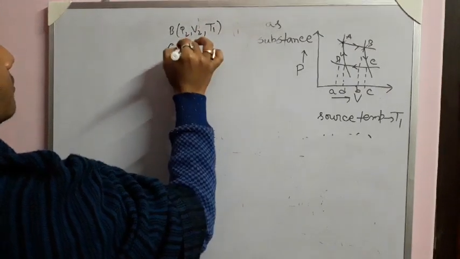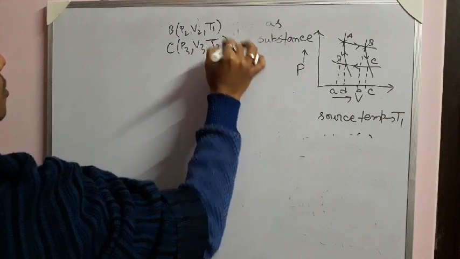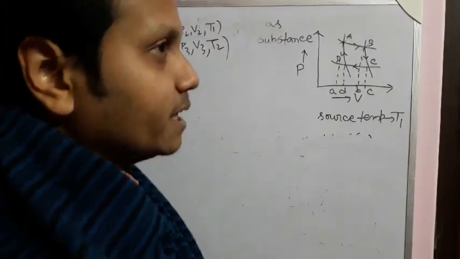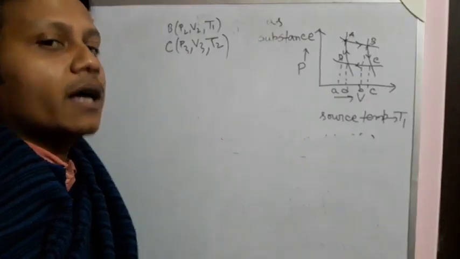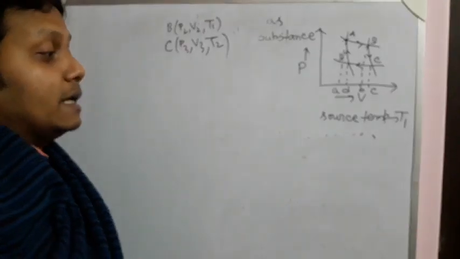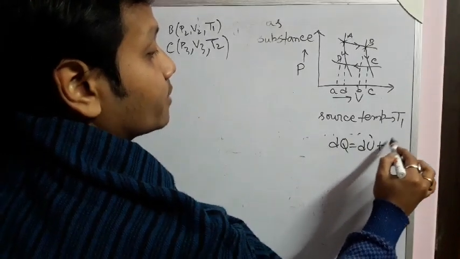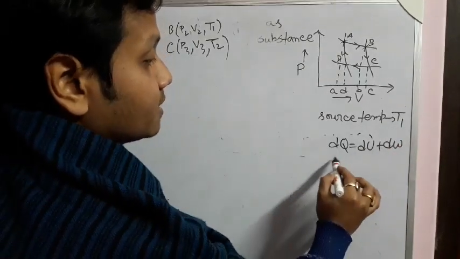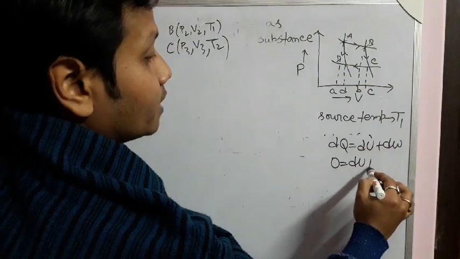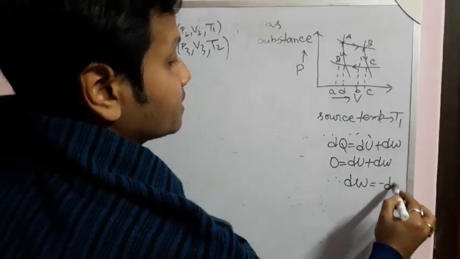At C, pressure and volume change and the temperature also drops, because we all know that in adiabatic expansion the temperature of the gas falls. Why? Because in an adiabatic process there is no exchange of heat between system and surroundings, that means dq is 0. From the first law we can write dw equals minus du.